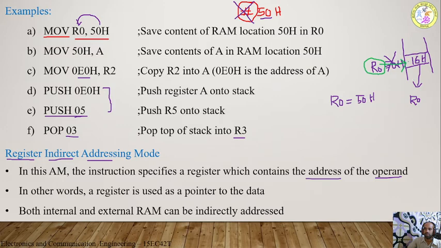We are addressing the memory location indirectly with the help of R0. Direct addressing mode means directly we write 50, that is called direct addressing mode. Indirect means the 50 is stored into R0 and this R0 is used as a pointer, that is called indirect. So using this indirect addressing mode, we can address both internal as well as the external RAM memory locations.